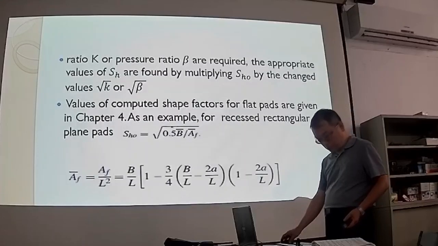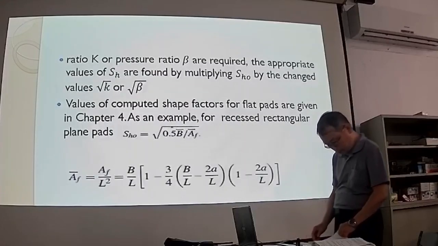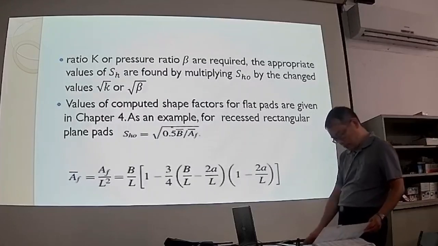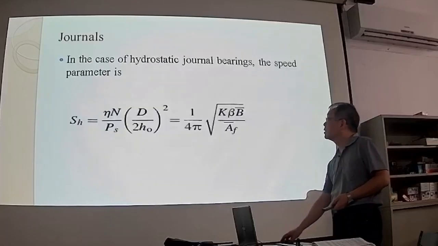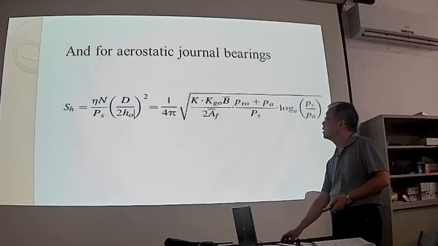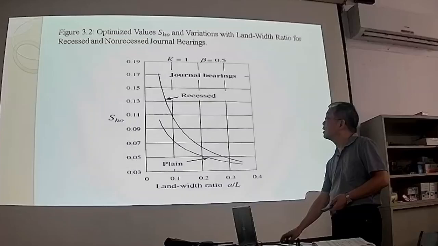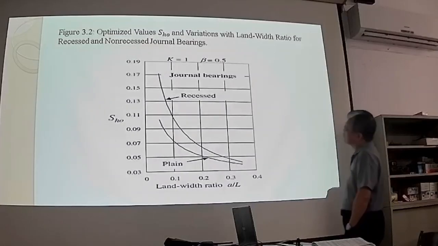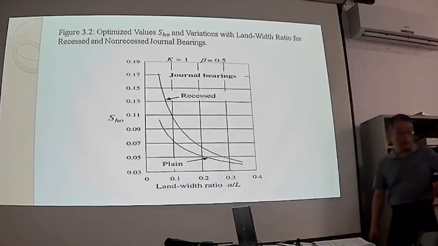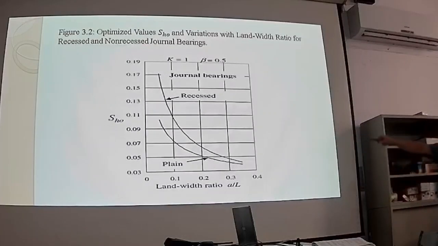For journal bearing, you can also use a design chart like this. It's a similar one. So this is the journal bearing, and this is the recessed journal bearing. This is the non-recessed. We call it plain journal bearing.